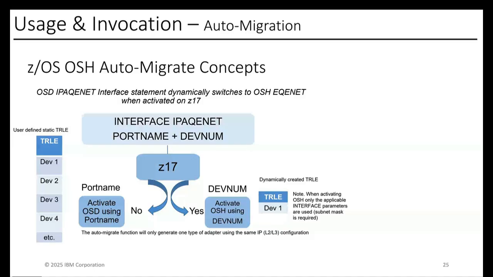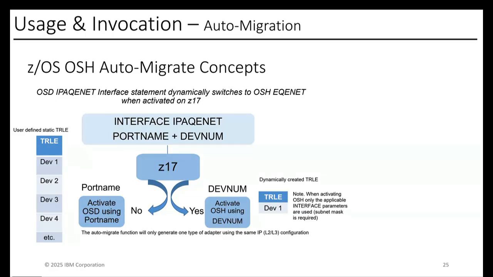So if you're on a Z17, that IPQENet starts out in the profile as just that, the OSD channel. But then when you display it, it's going to show it auto migrated, and it's going to say EQENet and have all the various parameters. And we take what you coded for the ones that make sense, like SMC-R, fit assignment, and things like that. But if you take that same definition with the port name and dev number, with our toleration APARs applied to the older 2.5 or 3.1, and activate that on a Z16 or older box, it works just like it does today.